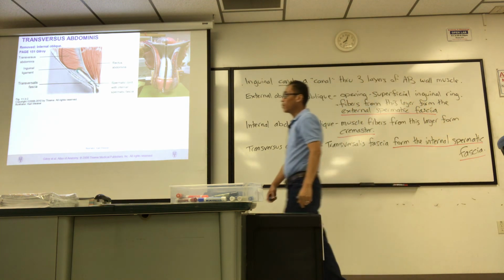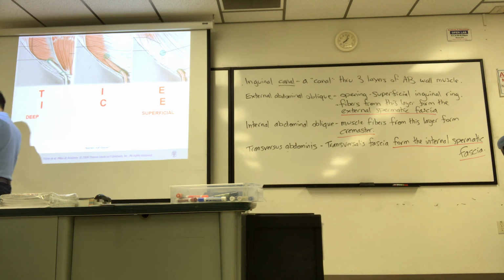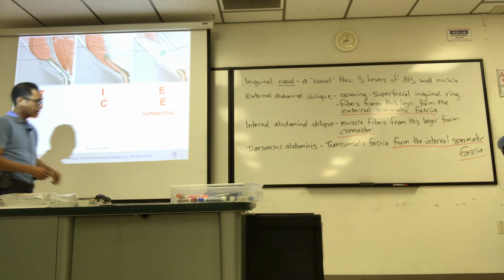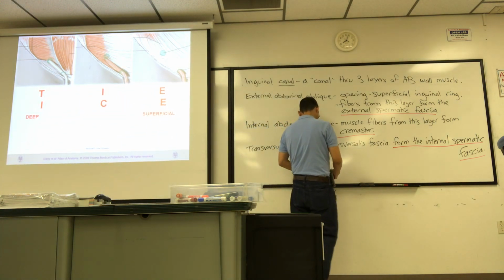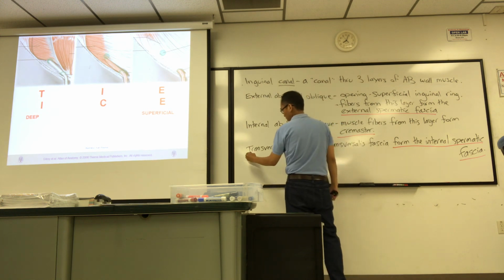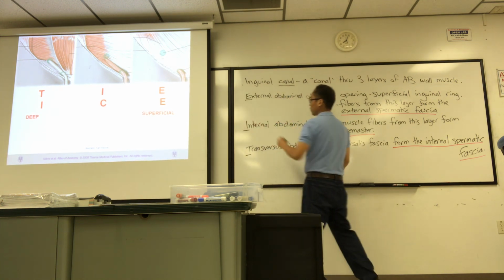So I want you to know which ab wall layers help form these coverings around the spermatocord and testes. And so tie ice is just a little, well, let me tell you what I mean by that. T, transversus abdominis, I, E, for the muscle layers.